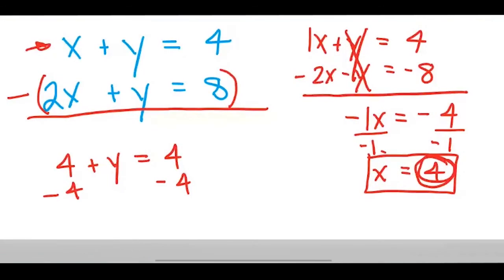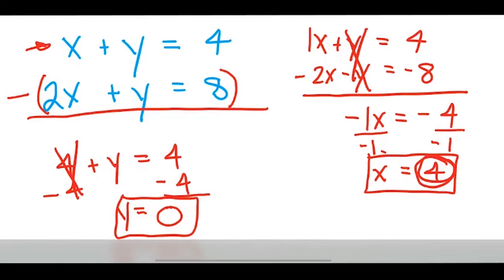So I will cross that off. This is positive y, so it's just y. 4 minus 4 is 0. So y equals 0. So my x is 4, my y is 0.